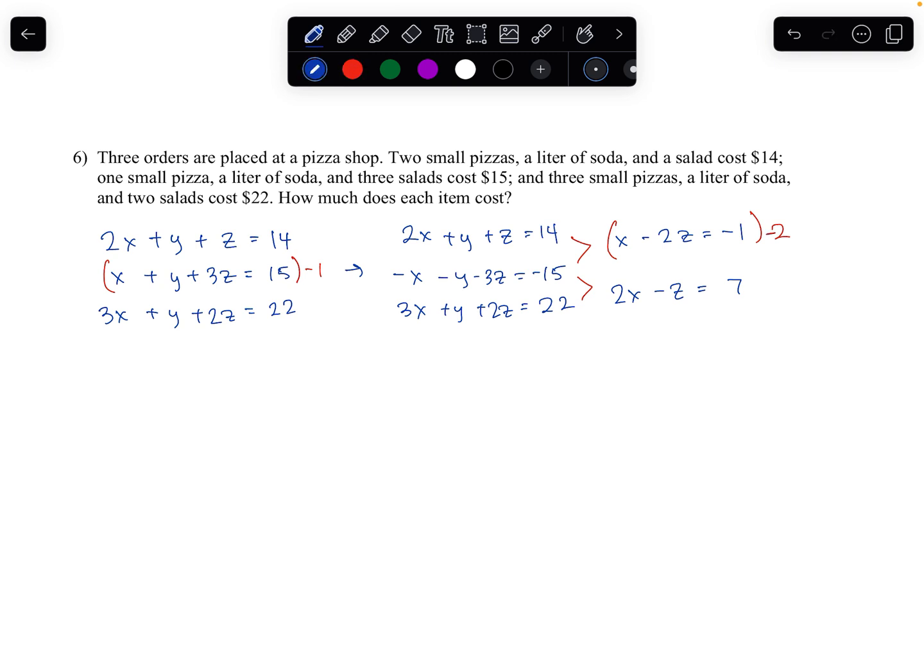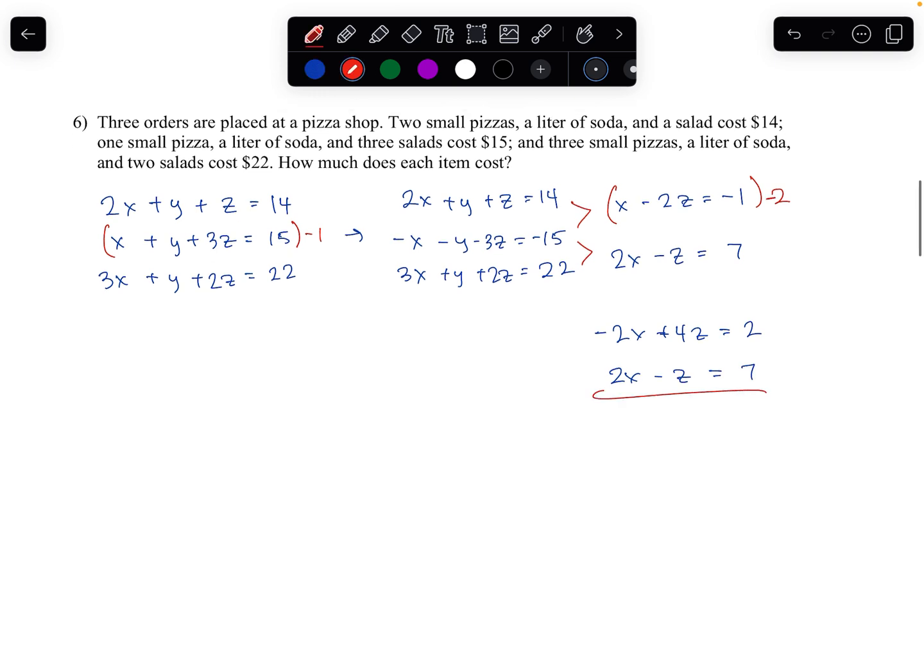So that becomes negative 2x plus 4z, and that's going to be equal to 2. And then the bottom equation stays the same. I can add them together now. Those are going to cancel. That's going to become 3z, and that's going to become 9.